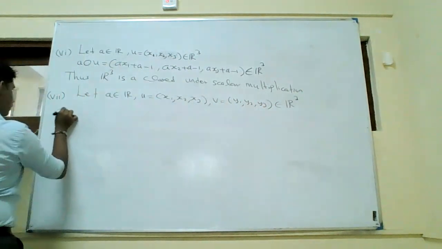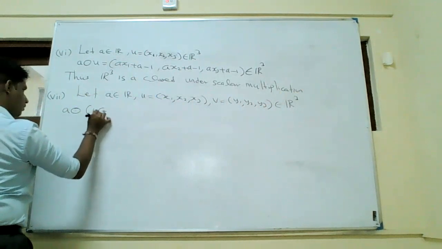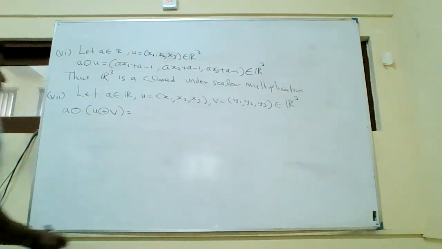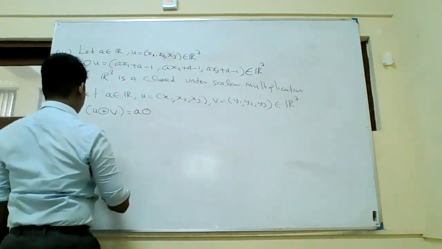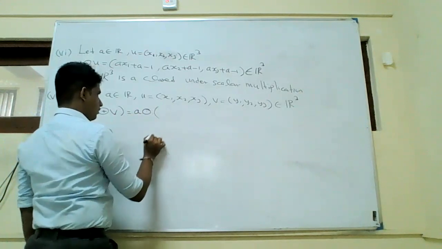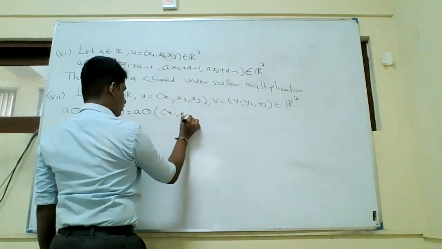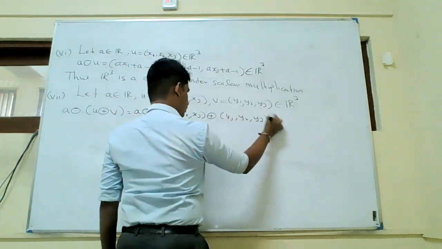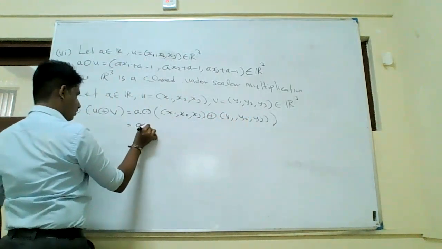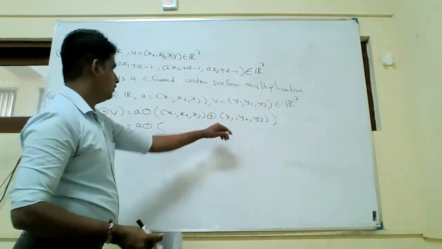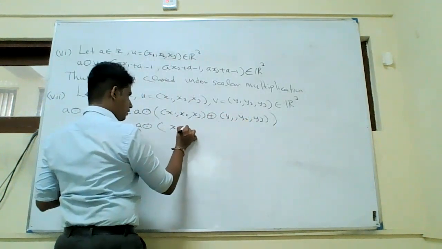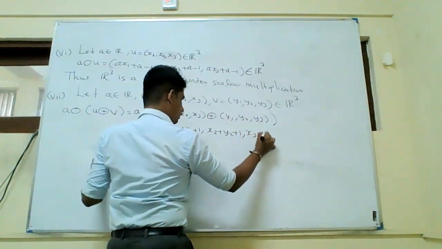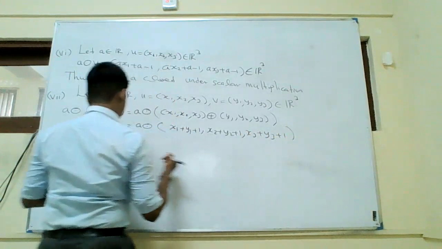Now use the vector addition given: (x1 + y1 + 1, x2 + y2 + 1, x3 + y3 + 1).